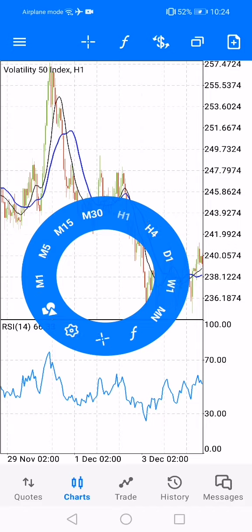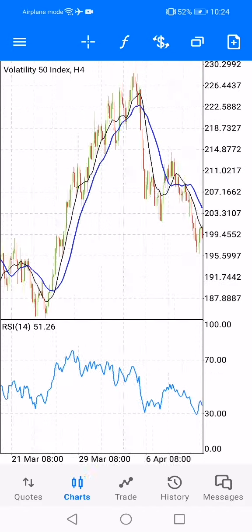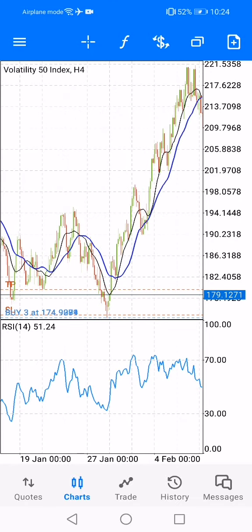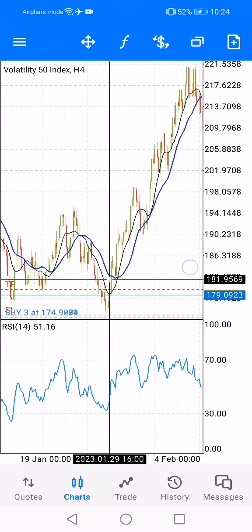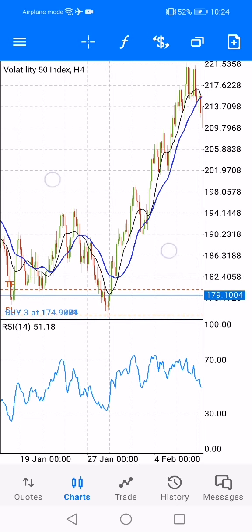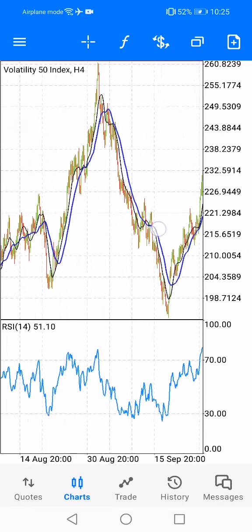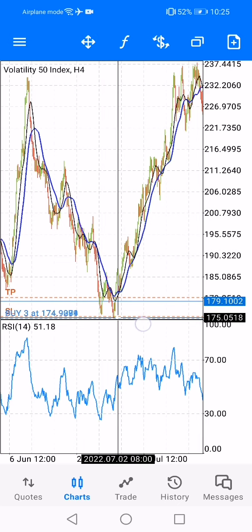Oh, this is taking way too long. Let me just do this on 4 hours, okay, so that you can see when was the last time this level was tested. My entry is somewhere here, and this level was tested somewhere here. Okay, let me go back. You see where my first entry is.